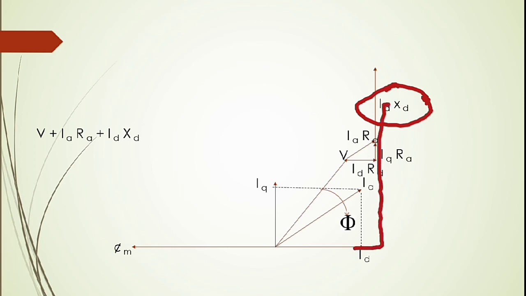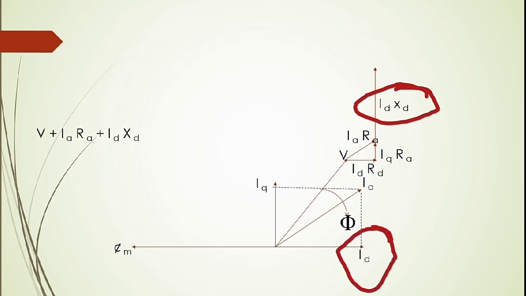It is the voltage drop of ID, the voltage drop IDXD. The voltage IDXD is leading with the current ID. Yes, it is leading because it is an inductive reactance. So that's why the voltage is leading.